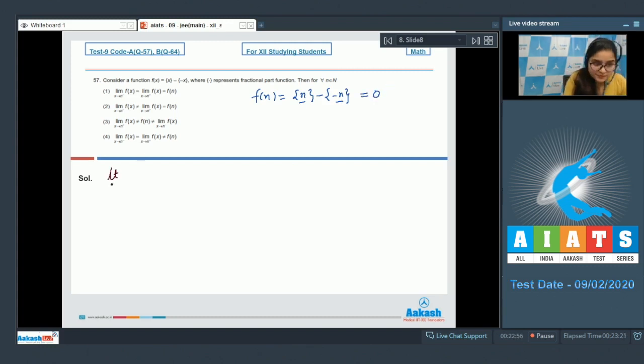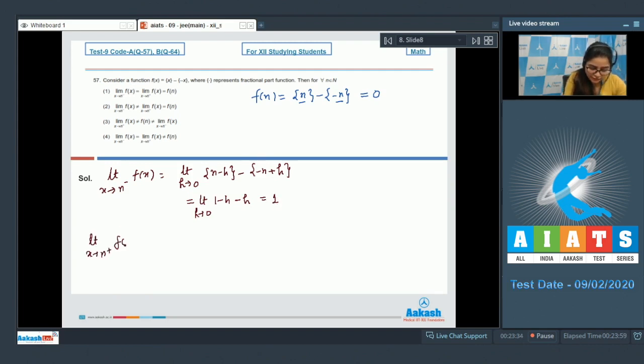Now limit x tending to n minus of f of x, so it is limit h tending to 0 of f of n minus h. So you will write the fractional part of n minus h minus the fractional part of minus n plus h. So see, n minus h will give you 1 minus h, limit h tending to 0, and here minus n plus h will give you h only. So you are getting 1. Now limit x tending to n plus of f of x.